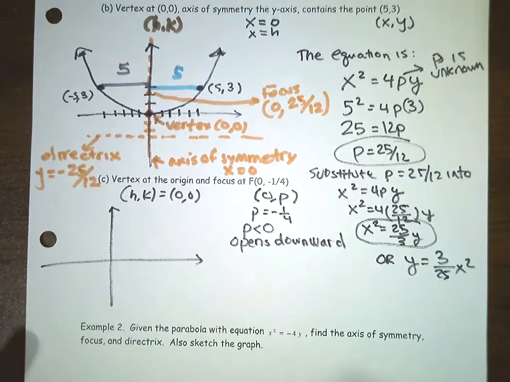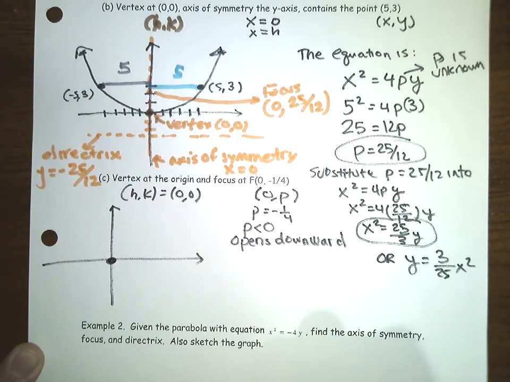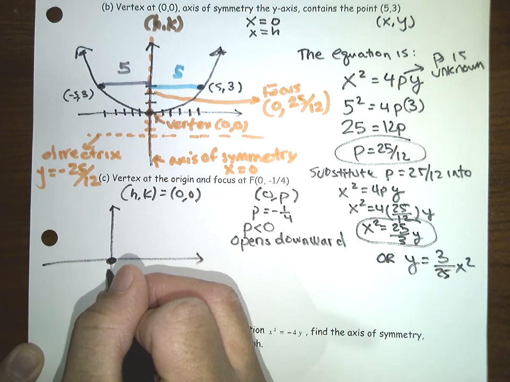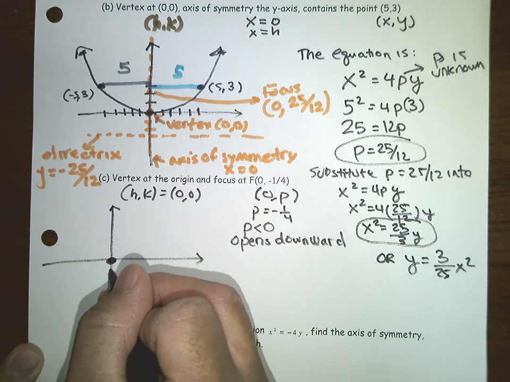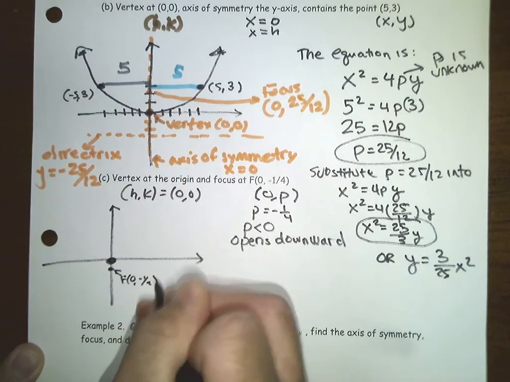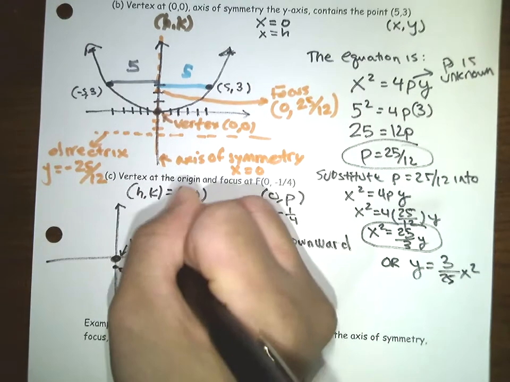All right, so now here's the vertex (0, 0). The parabola opens downward, so here is (0, -1/4) right here, the focus. And then here is the vertex at (0, 0).